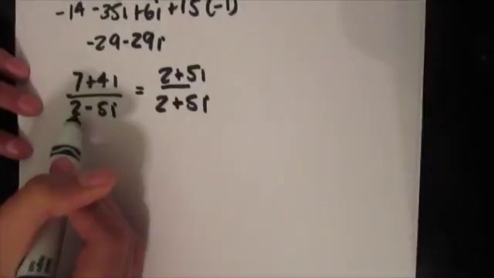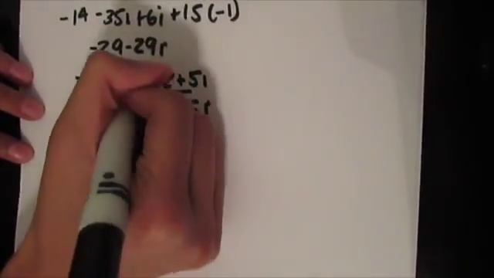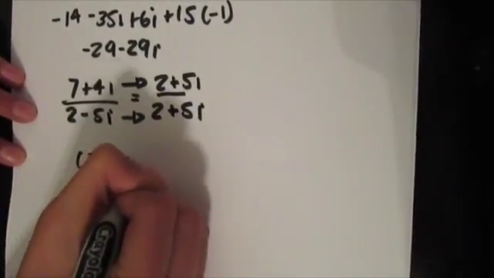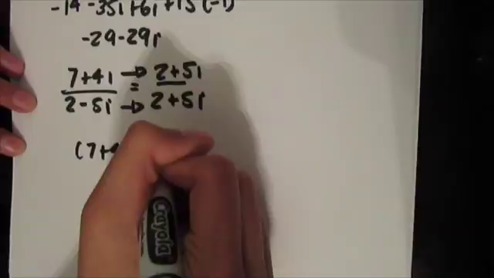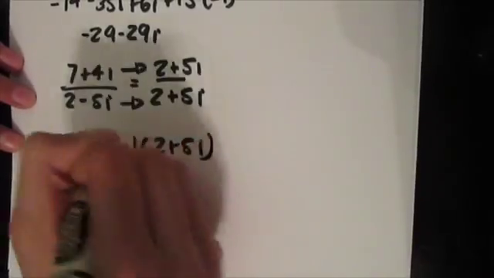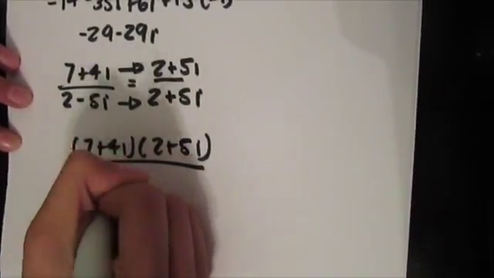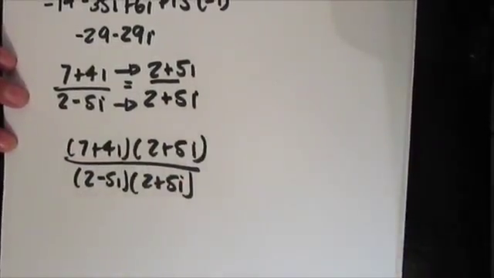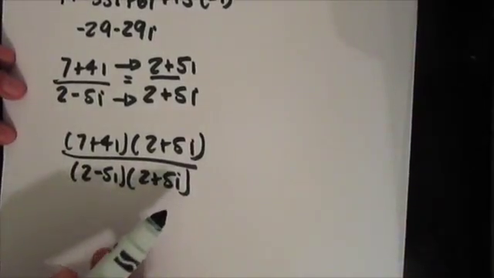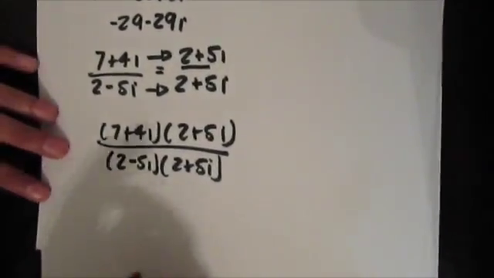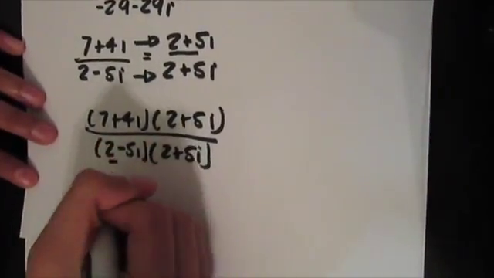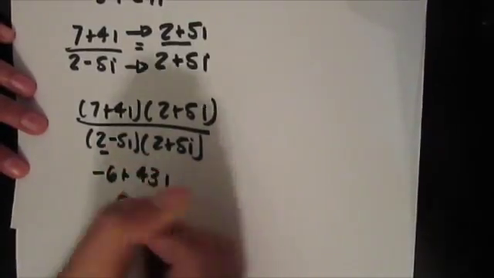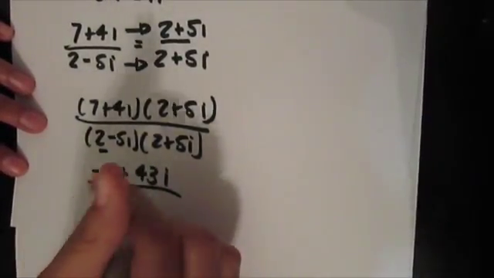We will multiply across, and we will end up with 7 plus 4i times 2 plus 5i over 2 minus 5i times 2 plus 5i. We will use the FOIL method, and our final result will be negative 6 plus 43i over 29.